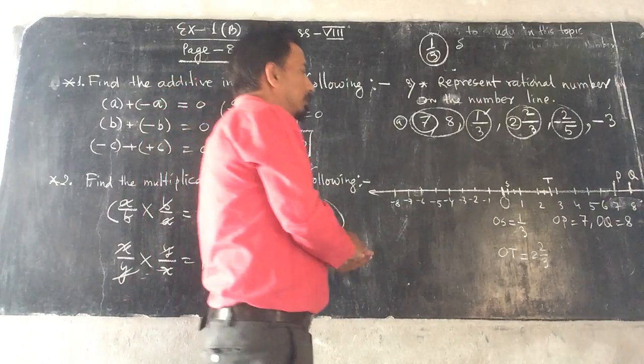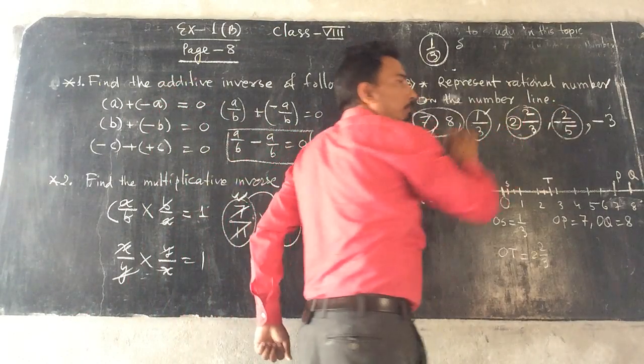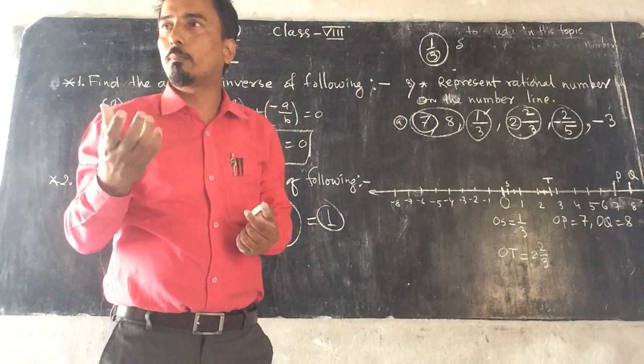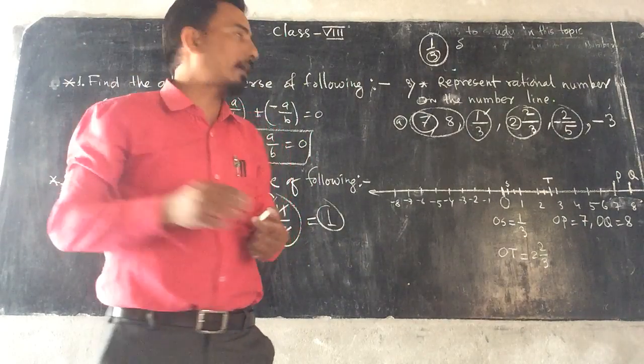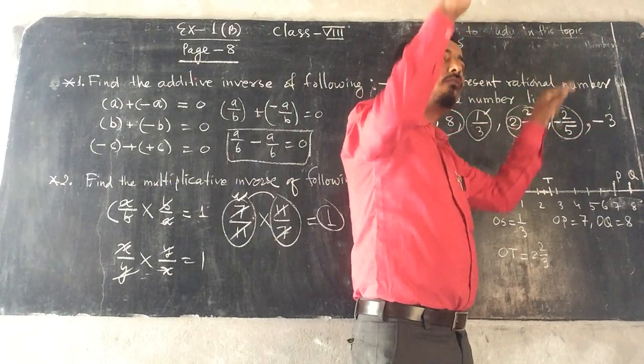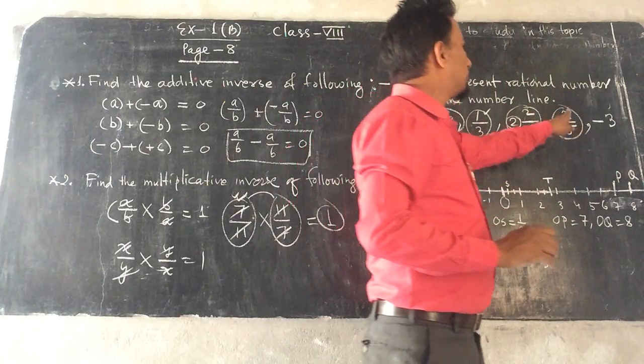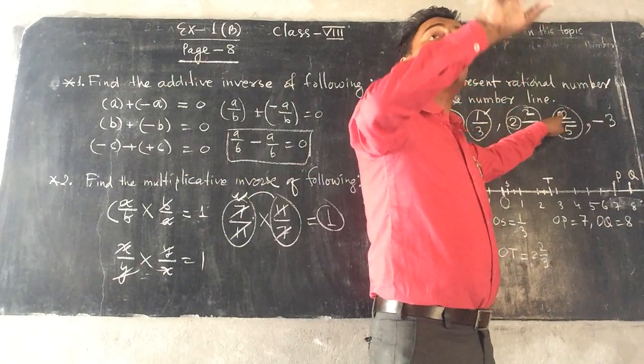This is the left side. Now you have to plot negative 2 by 5. What does 2 by 5 mean? First you have to understand the meaning of 2 by 5. 2 by 5 means 2 parts out of 5 equal parts.